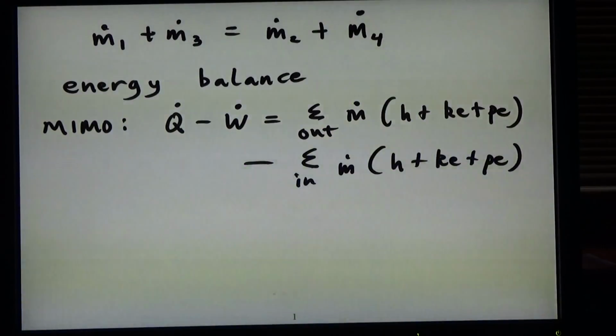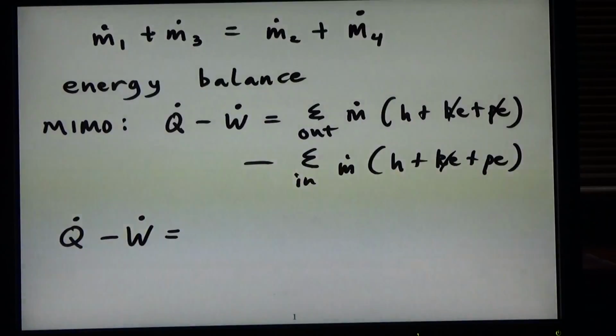So if we rewrite this equation for the heat exchanger, we have Q dot minus W dot is equal to summation out. Well, first we can cancel off any negligible terms. So we said that kinetic energy effect was negligible, potential effect was negligible, work was 0, and the heat transfer is 0 for the heat exchanger.